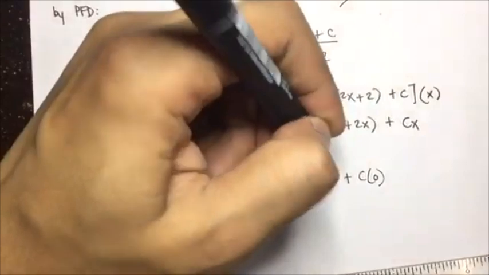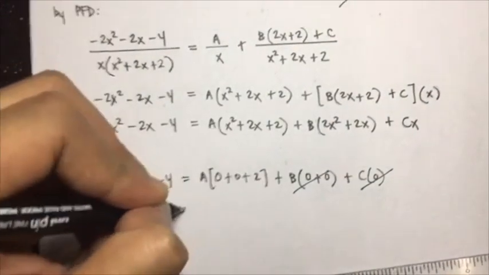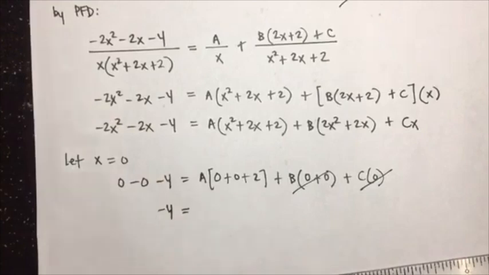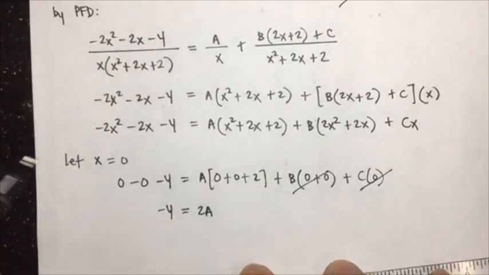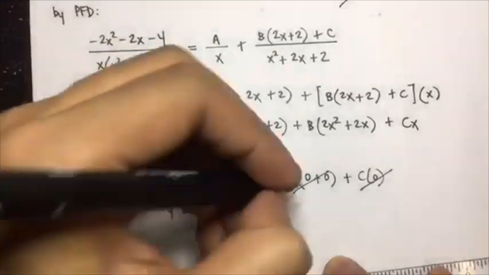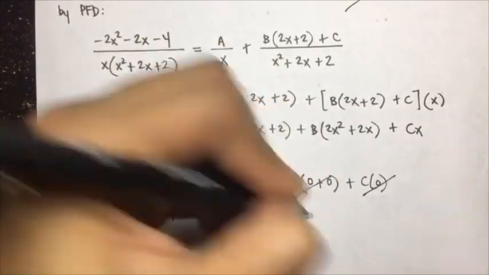Okay, so you can eliminate b and c, so what will remain is negative 4 is equal to 2a. Dividing both sides by 2, we get a as negative 2.